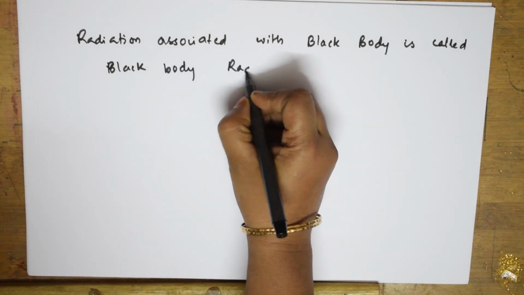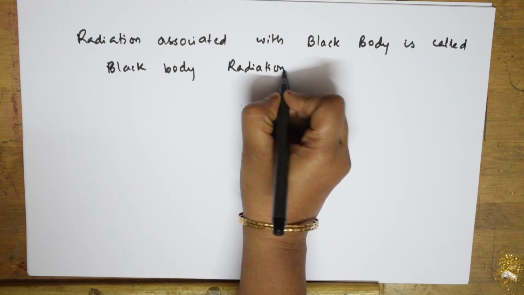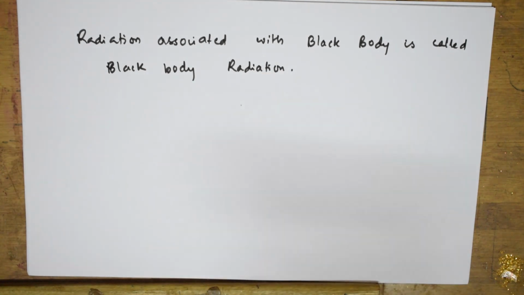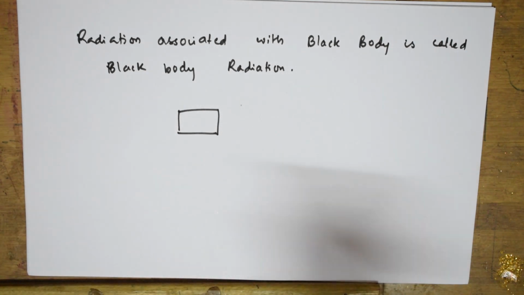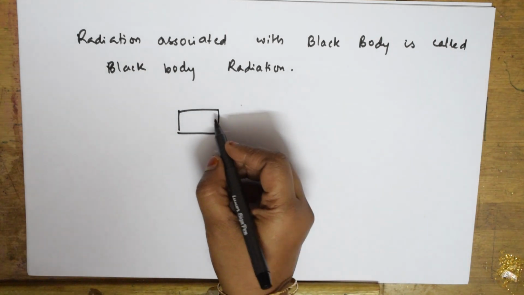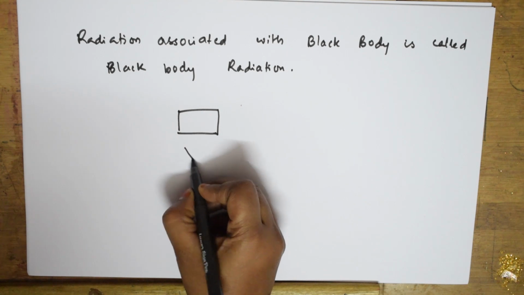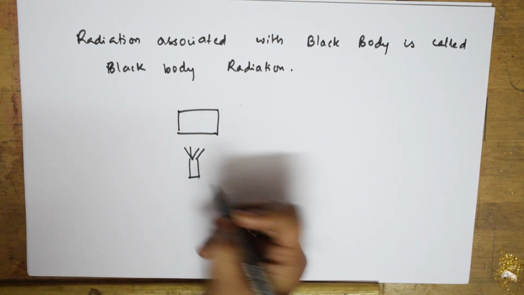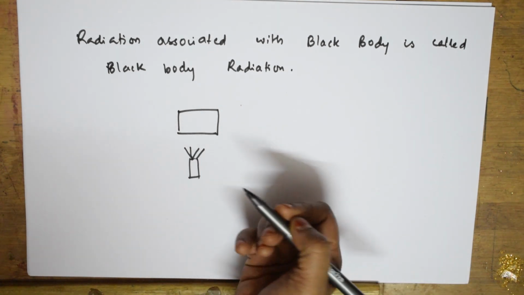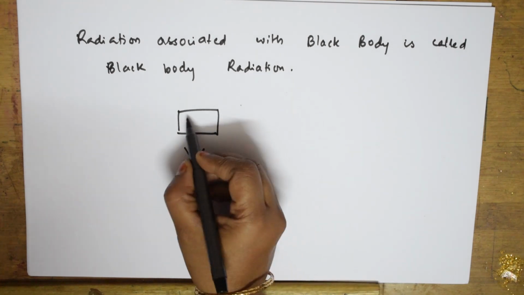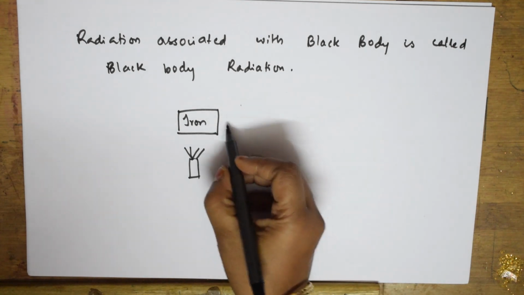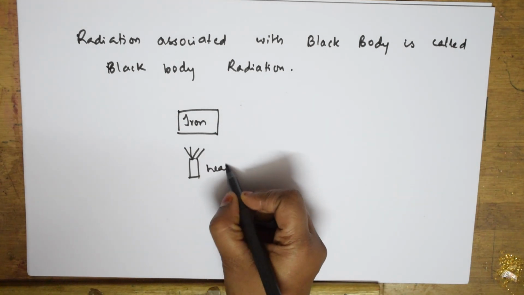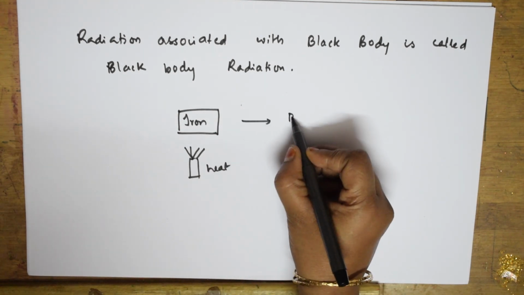Now I'm going to heat this black body. I know it is a perfect absorber and a perfect emitter. When you heat it, the temperature starts increasing. Suppose this is an iron metal. When you heat this iron metal, what is the color you first observe? Red.